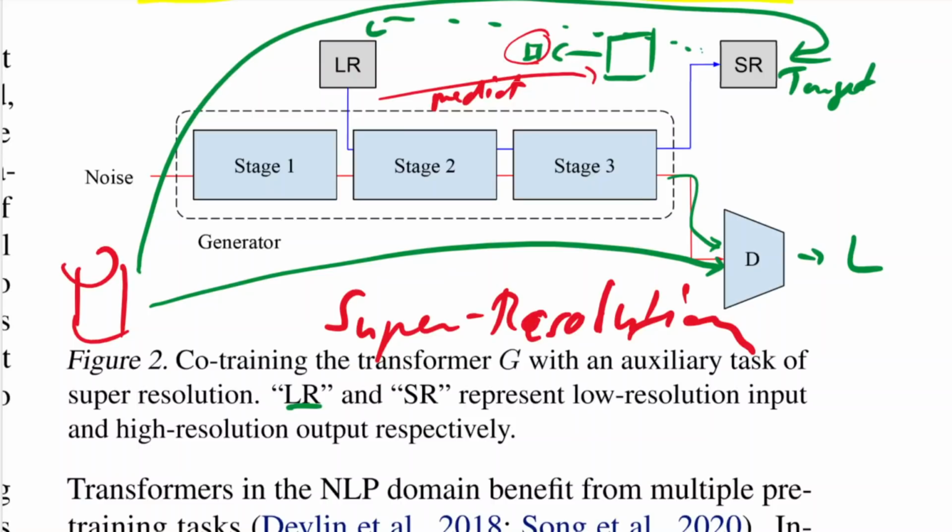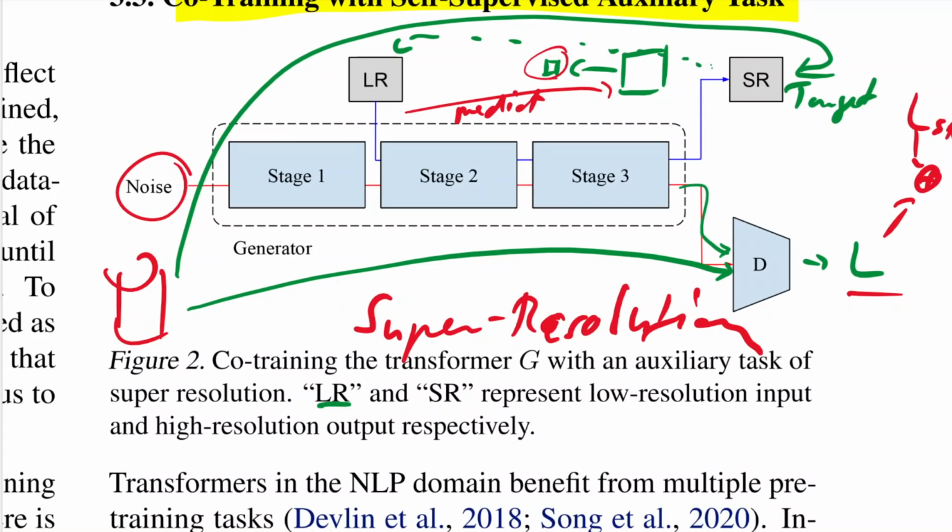You mix into your batches of noise GAN samples with this loss. You mix this loss right here, the super resolution loss. So you have this loss, and then you have the loss from the super resolution, and you simply add them with a parameter to trade off one or the other.